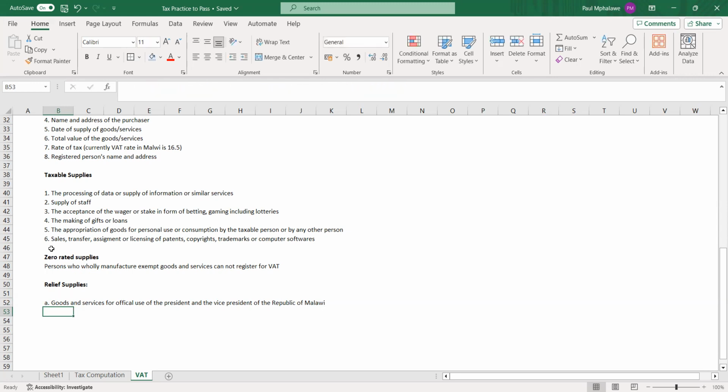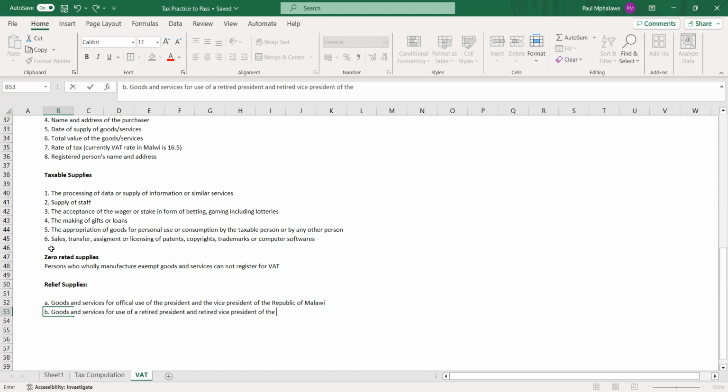Number B, goods and services for use of a retired president and a retired vice president of the Republic of Malawi.